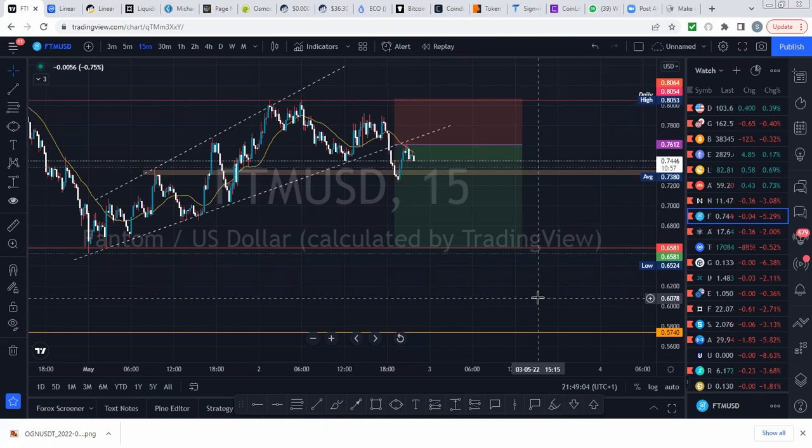Number 2, select your favorite trade setups. The mistake most of us make as traders is that we chase everything in the market.